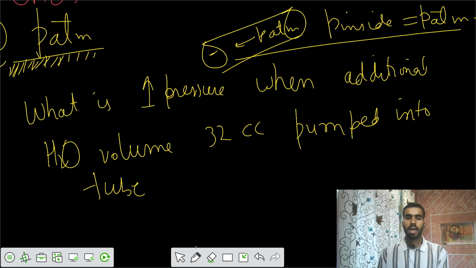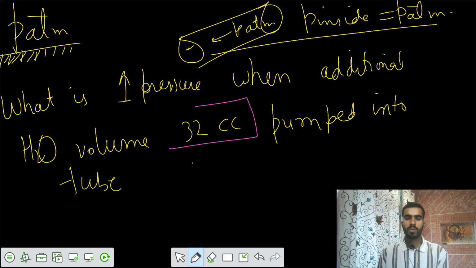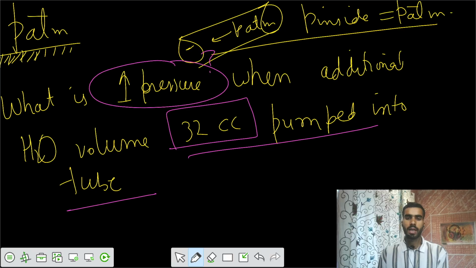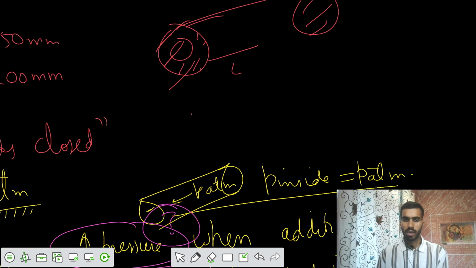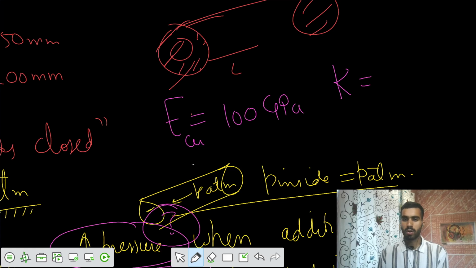Because we added an extra volume of 32 cubic centimeter into the tube, you need to calculate what the increase of pressure that gets developed should be. Extra details are that the material is copper, with E equal to 100 gigapascal, bulk modulus of elasticity equal to 2000 Newton per millimeter square, and Poisson ratio 0.3.